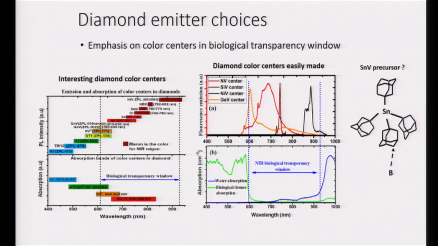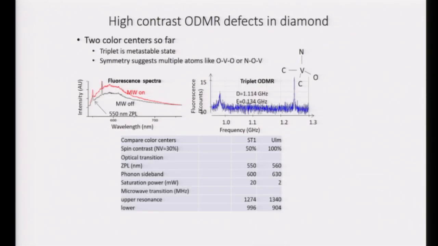Before I continue farther, remember I told you I want to get rid of the nitrogen vacancy, and the reason we couldn't get rid of it is because this fluorescence contrast for the different spin states was the highest that's been seen. Well, it turns out that there's been something higher. There's the so-called ST1, which has 50% spin contrast. And then the one at Ulm, which is about 100%.